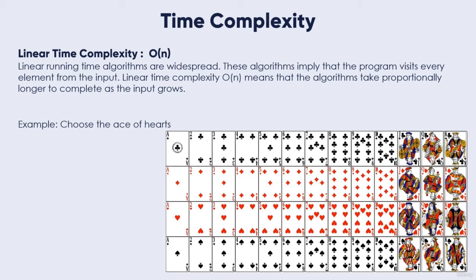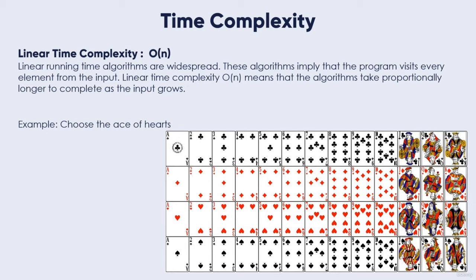We have a 52 deck. In the deck, we have 52 cards. We need to search through the cards. Where is Ace of Hearts? If we are lucky, we can find it at the first card. But if we are unlucky, we can find it at the last card.